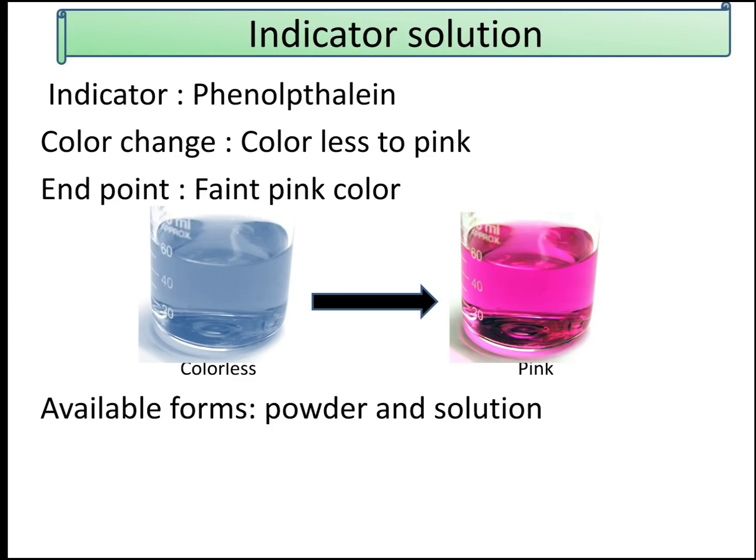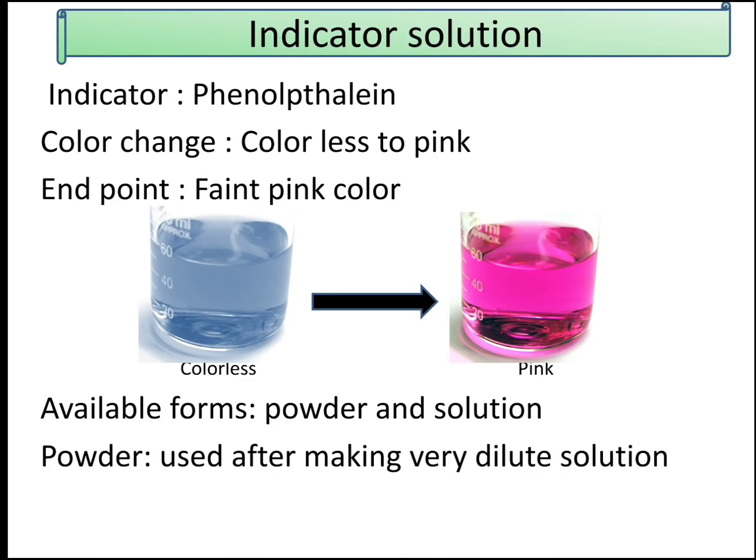It is available in two forms, powder and solution. But in case of powder, we cannot use it directly as it is. We need to make a very dilute solution, then we can use it. But in case of solution form, we can directly use it as it is.